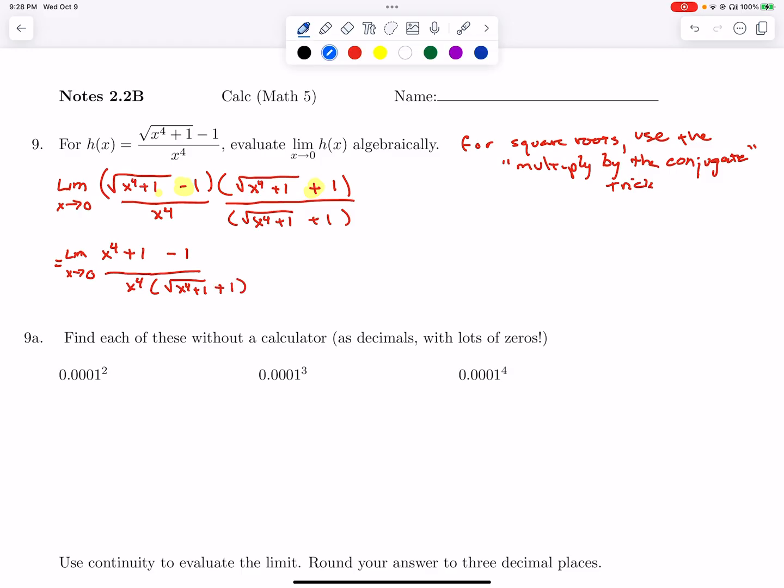So I'll write that in blue. We're only trying to fix the top so that we can do some canceling. So, oh, look, we can cancel the 1s.